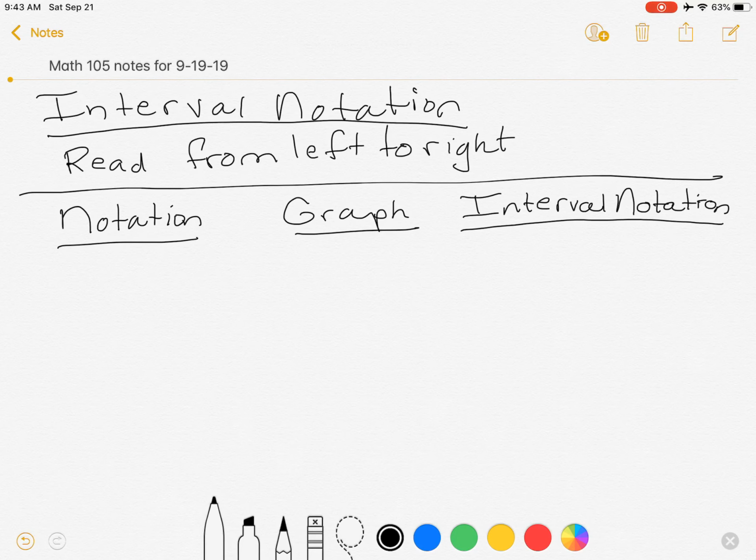So let's look at having x greater than or equal to 2. When that looks on a graph, you probably remember from Algebra 1 or Algebra 2 that less than or equal to or greater than or equal to got a closed circle, and less than or greater than got an open circle.